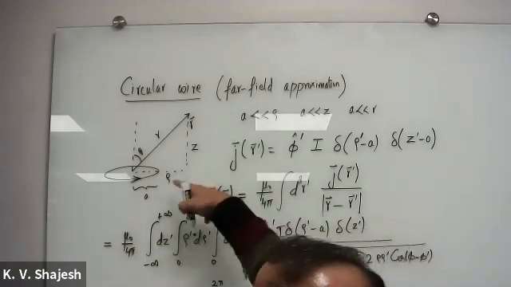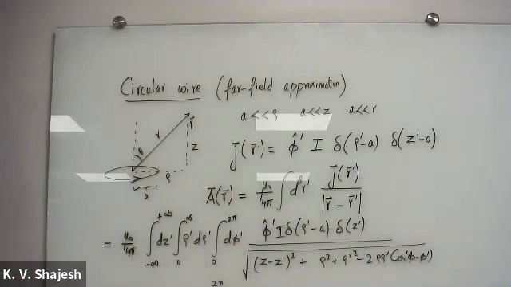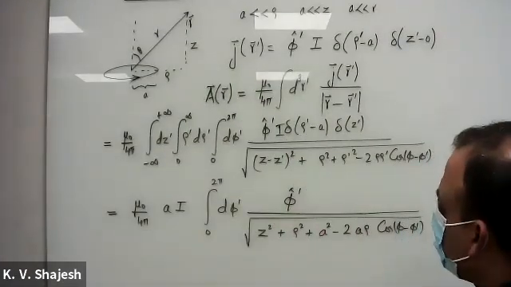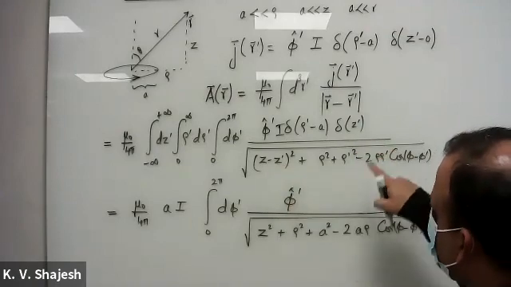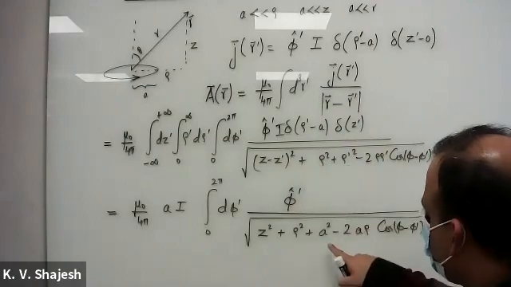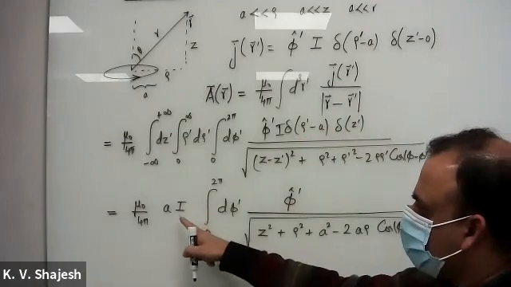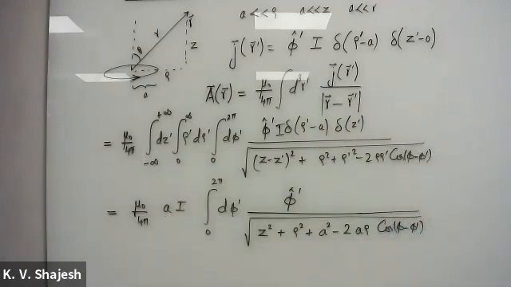Z square plus rho square in the geometry there. I was basically replacing z prime with 0 and rho prime with a, and you get the simplification that the delta functions are gone, the integrals are gone, and rho prime gets an a there.